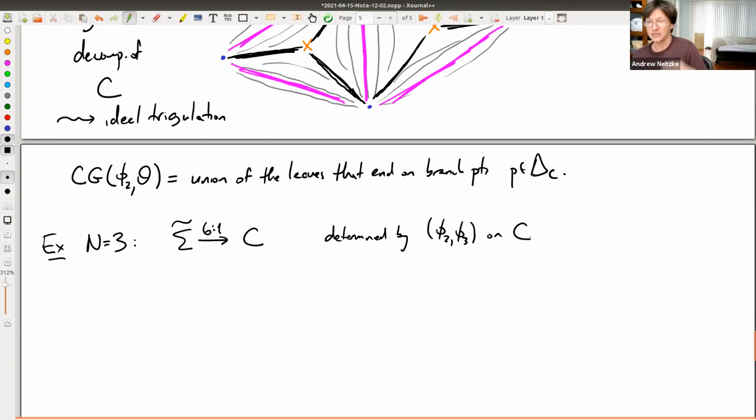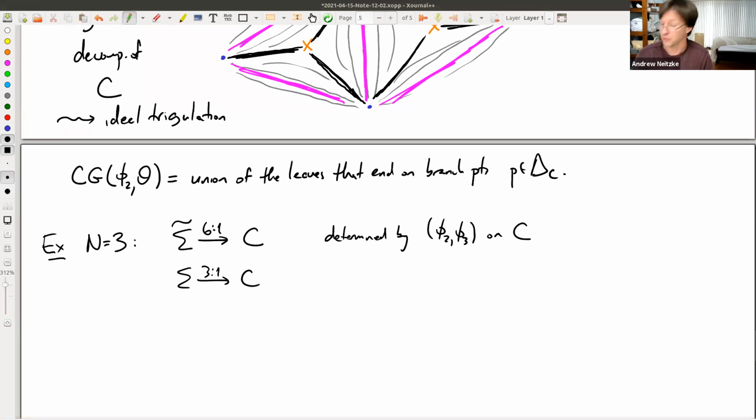We have a quadratic differential and a cubic differential on our surface. Given that, first we had a 3-to-1 cover, which was the usual spectral curve. And then we built the 6-to-1 cover by taking pairs of sheets. And we have a foliation on the 6-to-1 cover.